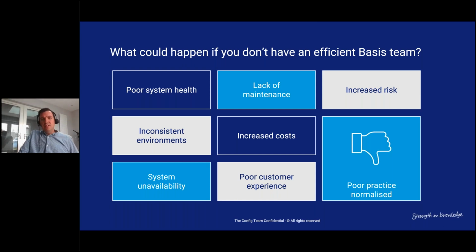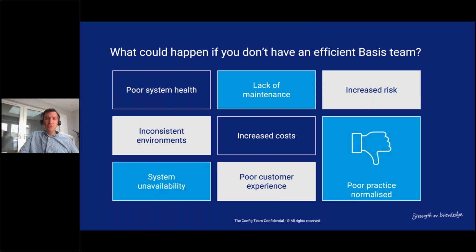Another thing here is acceptance of poor practice being considered the norm. So the basis role is to ensure that the systems retain their integrity and are governed properly. The basis team should be considered as one of, if not the, gatekeeper to the SAP landscape. The ultimate aim is to protect the production landscape as well as all the other environments.